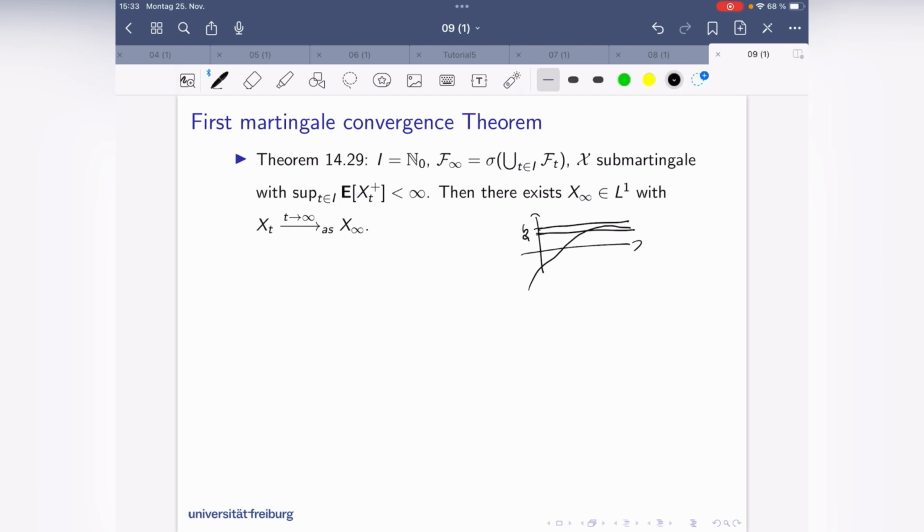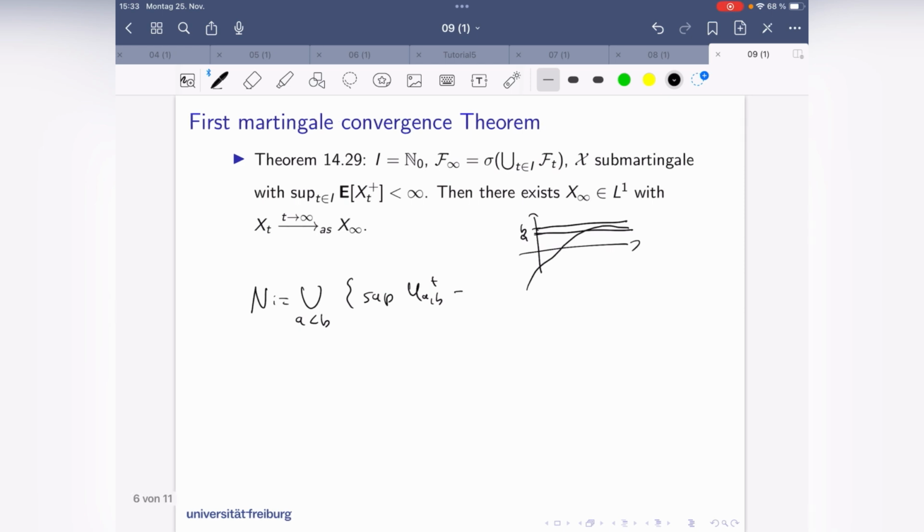I mean, of course, everything is only almost surely, and I still have to deal with a null set, UABT equals infinity.